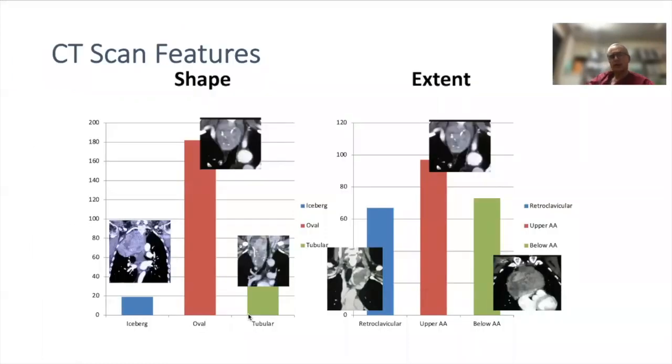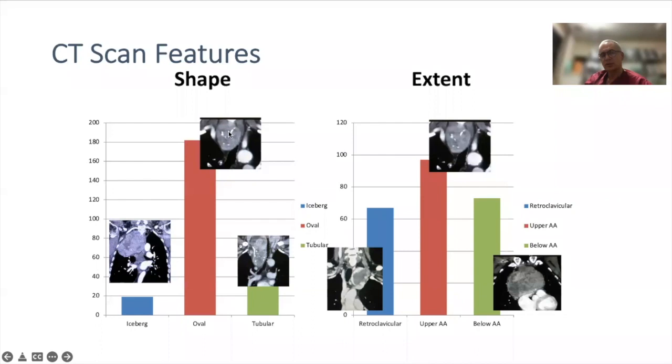In terms of how we approach this, what we found in my PhD is that the shape and extent are very good predictors of how we are going to need to approach these goitres. There were mainly three shapes: what we call the iceberg shape, the oval shape, and the tubular shape.